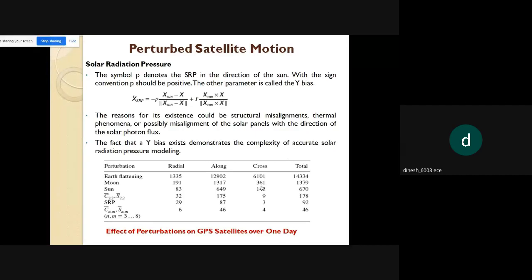So here I will give you a list of perturbations on GPS satellites over a day. This was calculated for 1 day. So Earth flattening with a radial of 1335 gave along 1290, crossing of 6101.